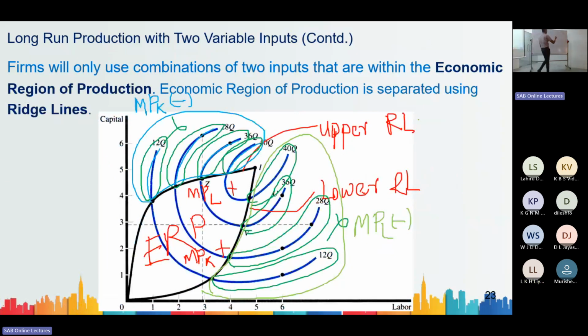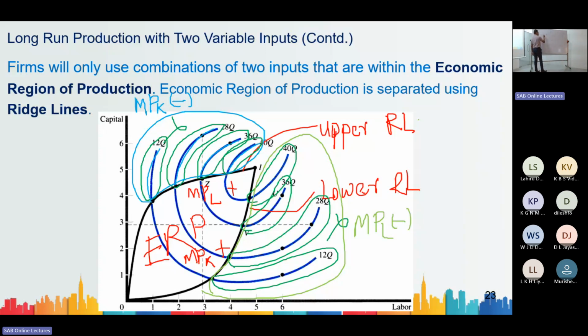So MRTS is the absolute value of the slope. These are the points through which we draw the upper ridge line.